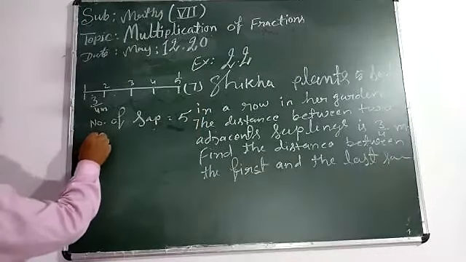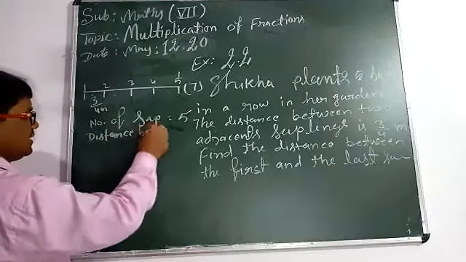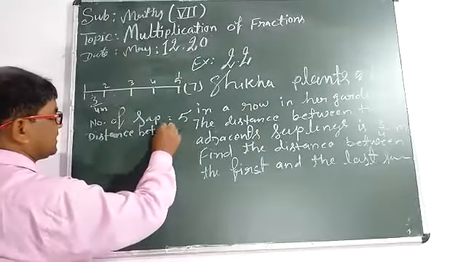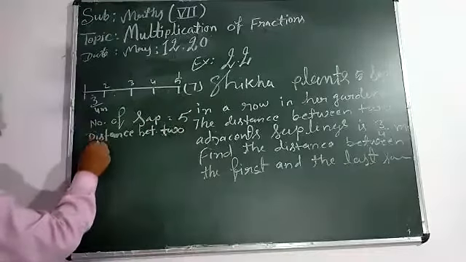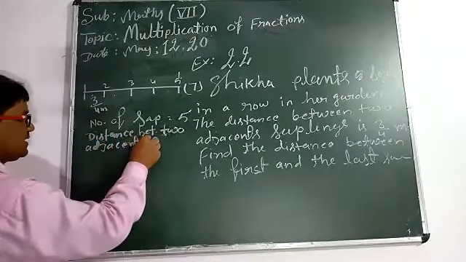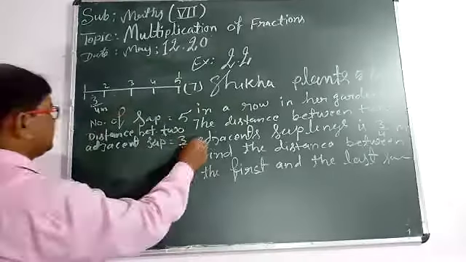Distance between two adjacent saplings equal to 3/4 meter.